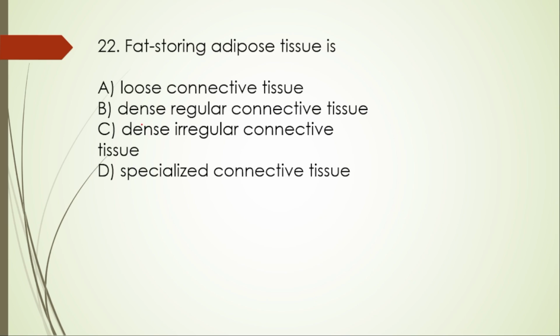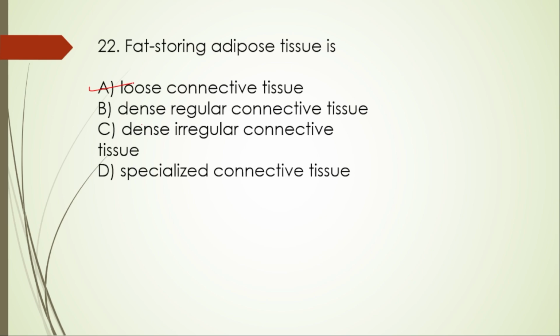Next, 22. Fat storing adipose tissue is: A, loose connective tissue, B, dense regular connective tissue, C, dense irregular connective tissue, D, specialized connective tissue. Here fat storing adipose tissue is a loose connective tissue.